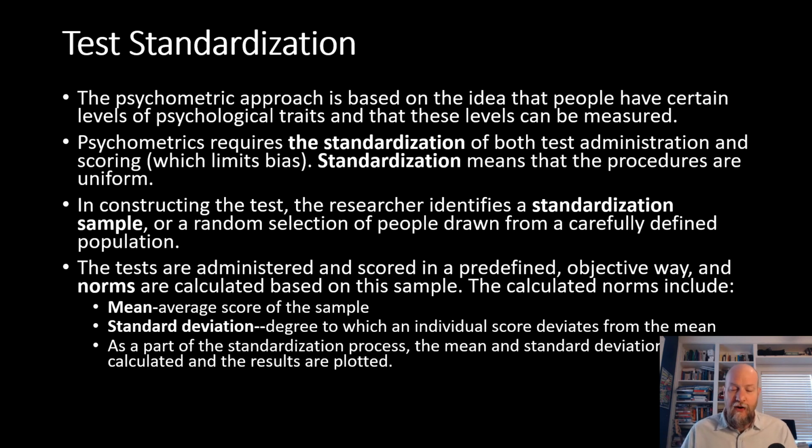The other example I want to use is, of course, the IQ test, the Wechsler. The researchers in developing the WAIS-4 identified a stratified sample, and this is by randomly selecting from uniform subpopulations, which are called strata, and they tried to get a really representative sample of lots of different people. And then this gave us the norms.